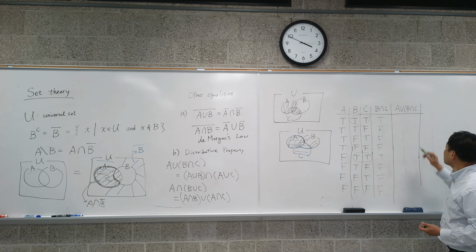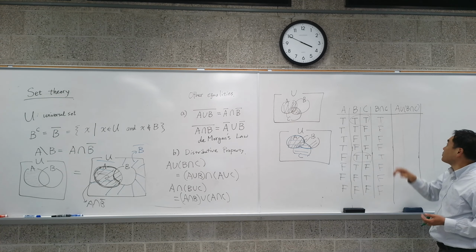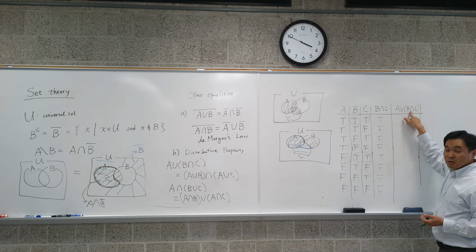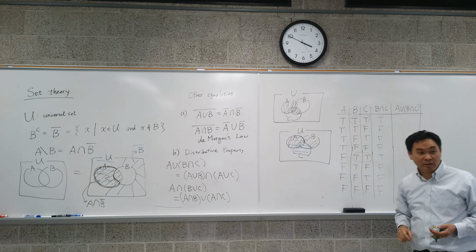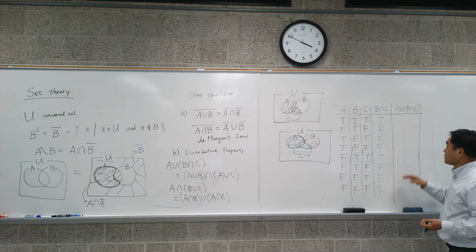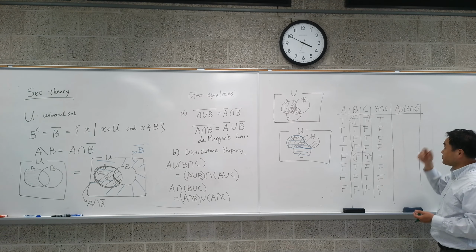And now when it comes to union, that is OR. The definition of A union another set is you have the word OR in there, right? So that evaluates to true whenever one of them is true, right?